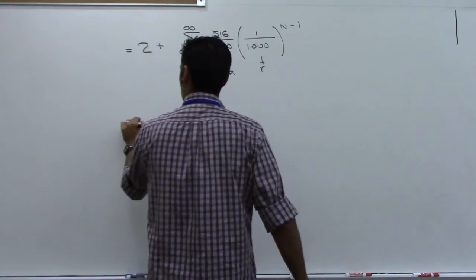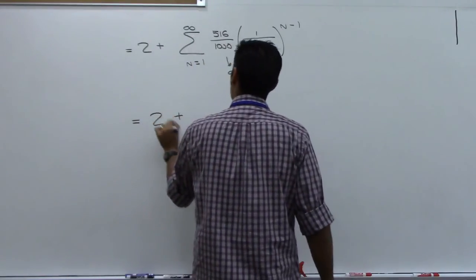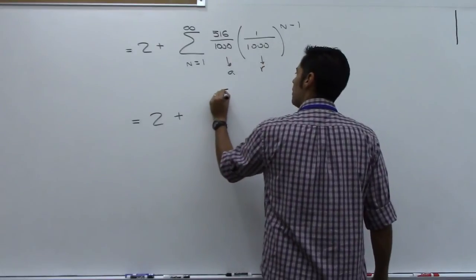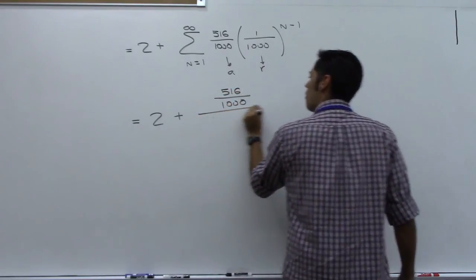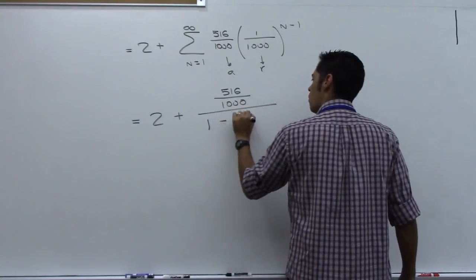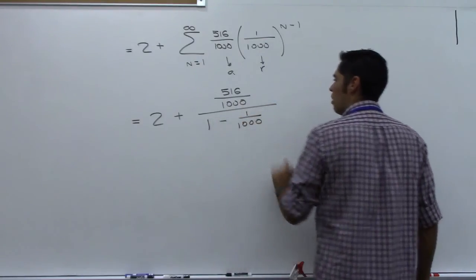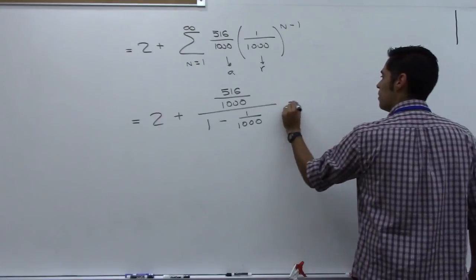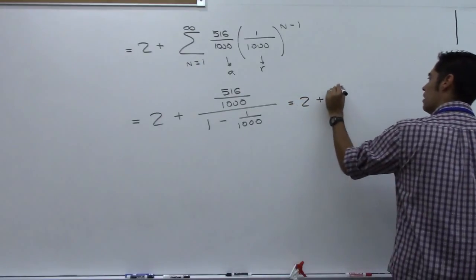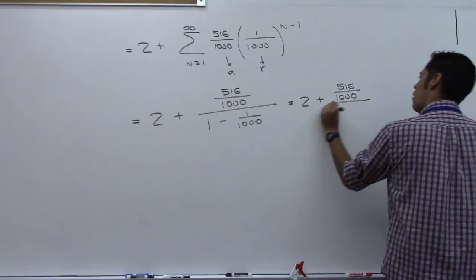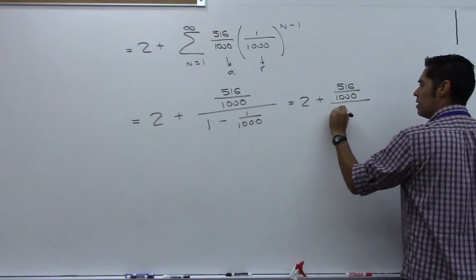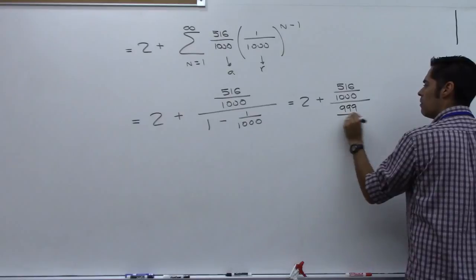So we've got here, notice the 2's just been coming along for the ride here. A is 516 over 1,000 over 1 minus 1 over 1,000. So 1 minus R, which is 2 plus 516 over 1,000 over, what's this, 999 over 1,000.